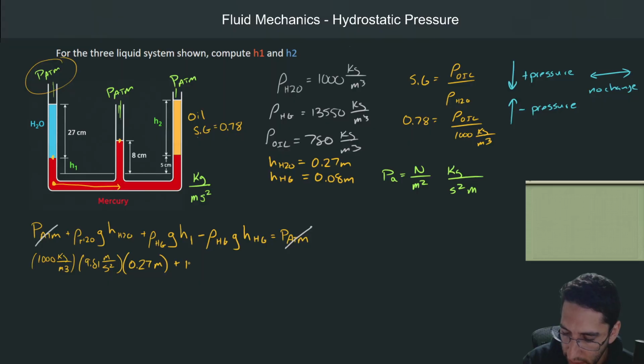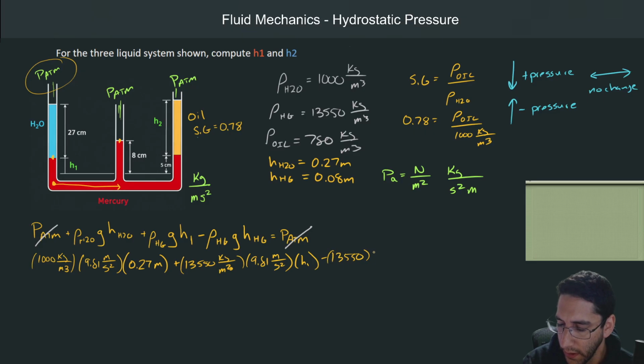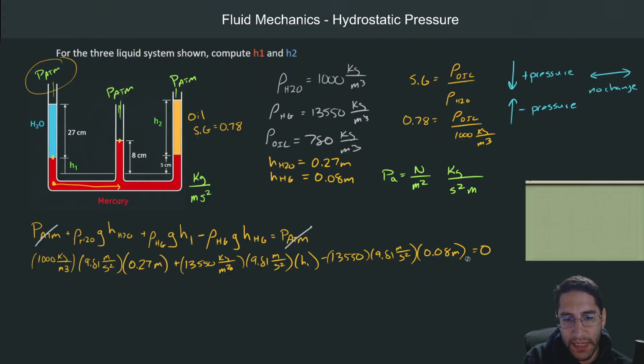So I'm going to have plus 13,550 kilograms per meter cubed times 9.81 meters per second squared times H1, minus 13,550 times 9.81 meters per second squared times this height of mercury, which is 0.08, and that's equal to 0. Let's put this in the calculator.